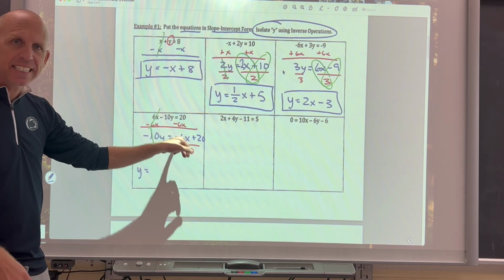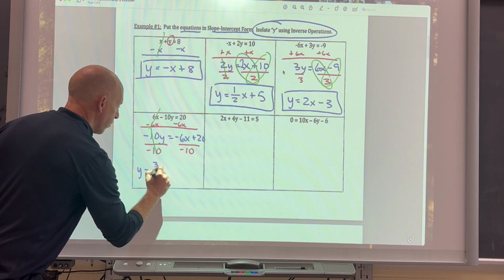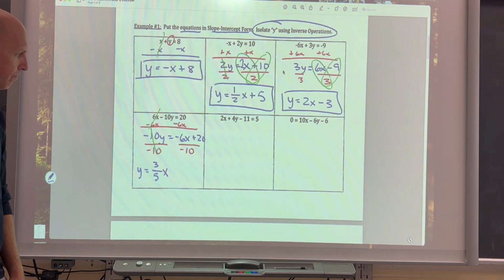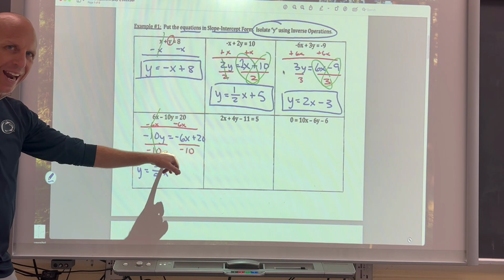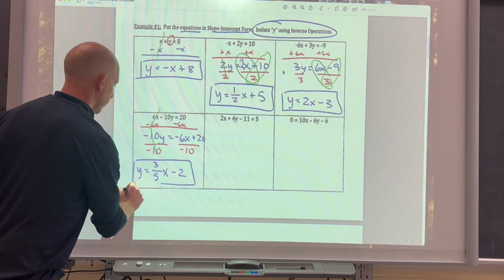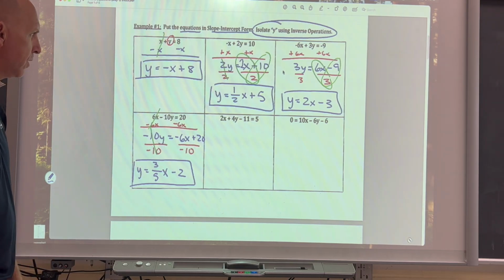And then I've got 6/10. And 6/10 simplifies to 3/5 x. Don't forget to divide the 20 by negative 10, minus 2. Final answer. Y equals 3/5 x minus 2.